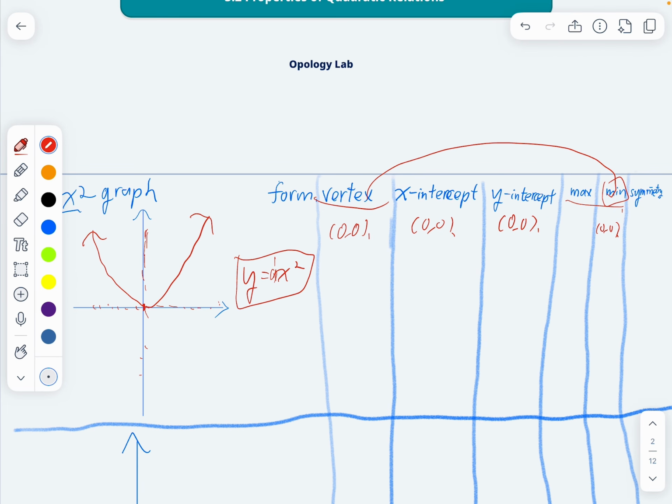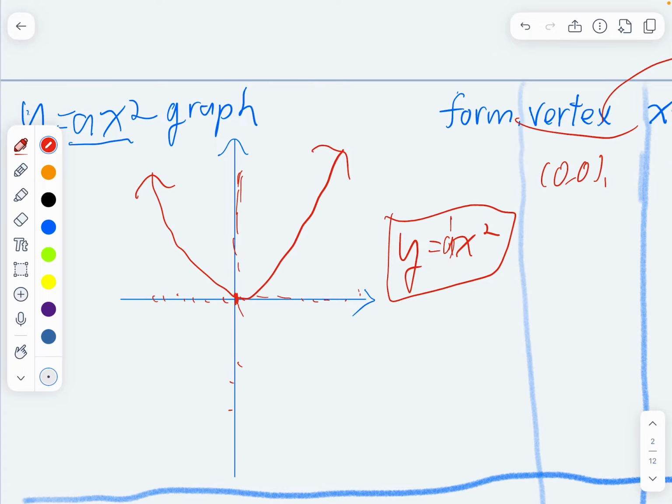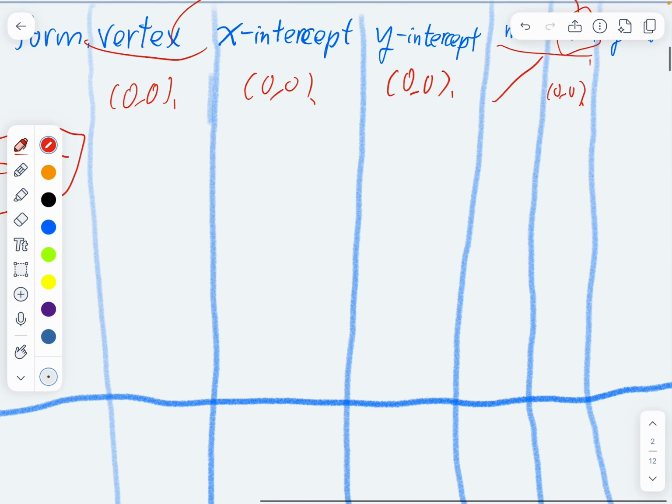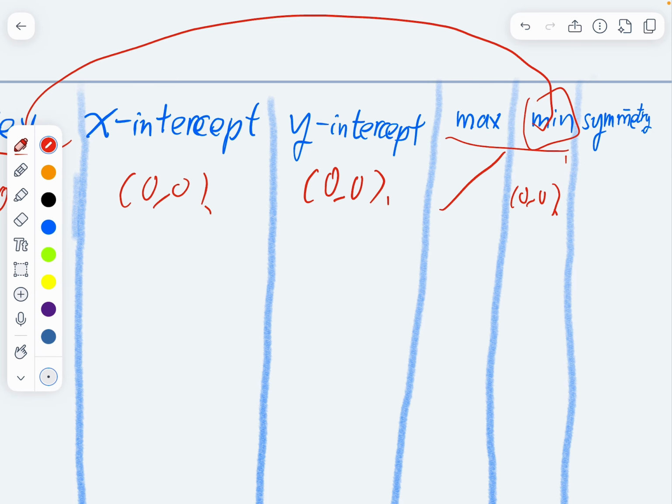We do not have a maximum point. The symmetry line is the vertical line that divides the graph into two mirror images. So this graph's symmetry line is the y-axis, and we can write x = 0.